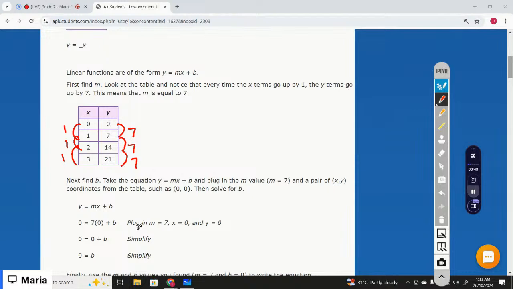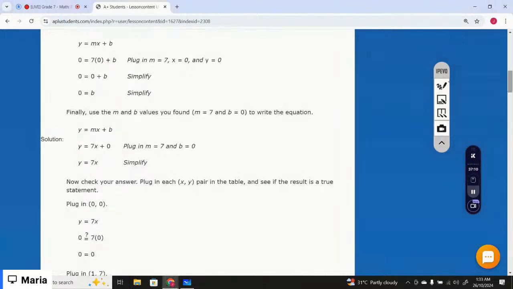So you can calculate the value of b by using any pair of x and y. So y equals mx, the slope is 7, right? Change in y is 7, 7 over 1. Change in y divided by change in x is slope. So 7 over 1 is 7, slope is 7. And use x is 0, y is 0 and calculate the value of b. b is also 0. So the equation is y equals 7x.